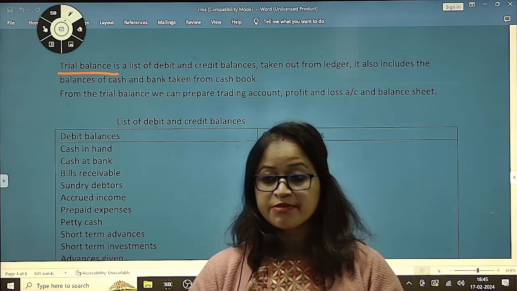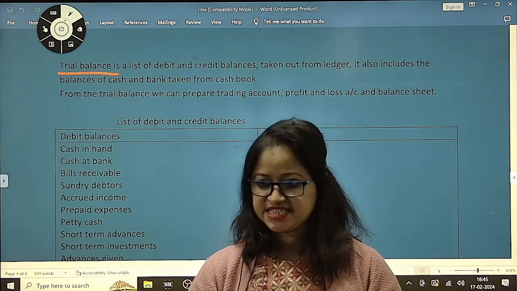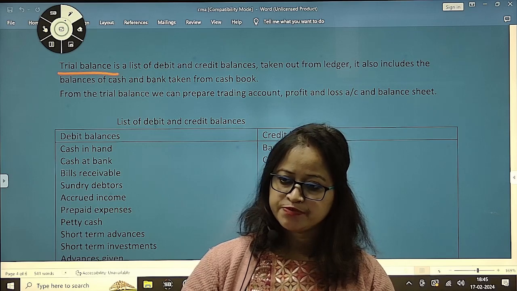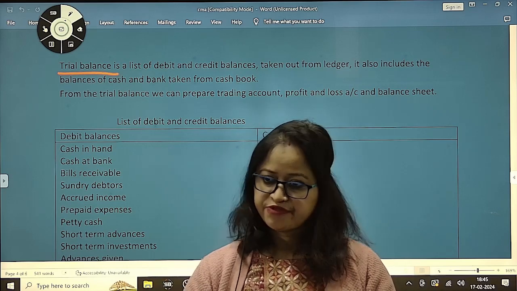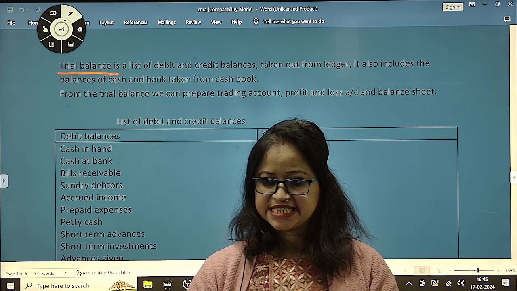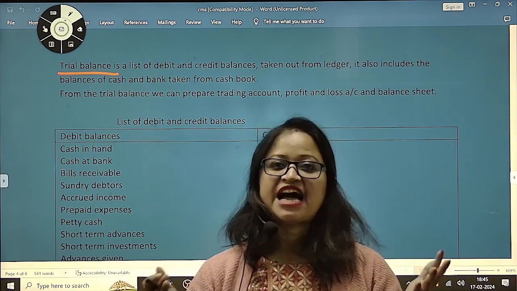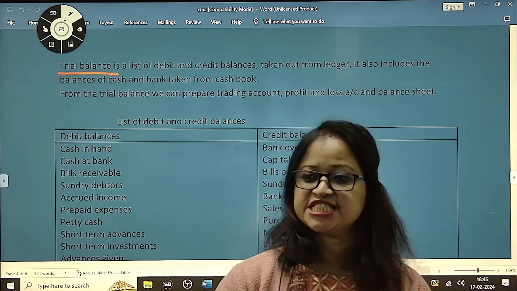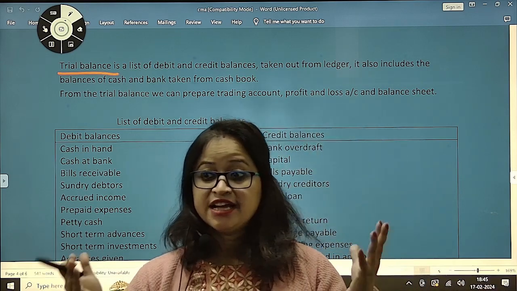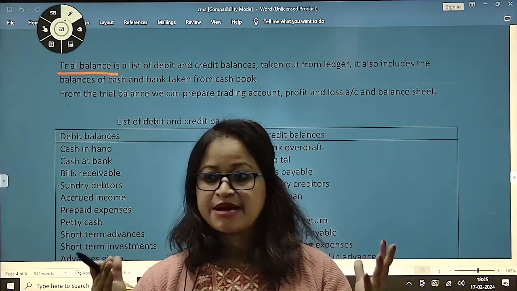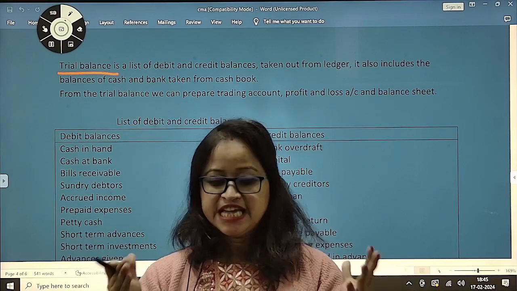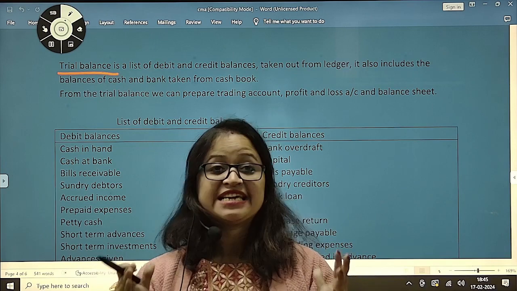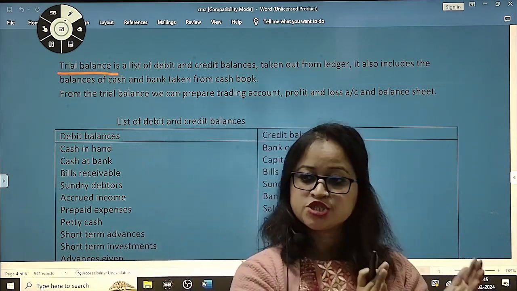So from the ledger we get various balances. It may be a debit balance, it may be a credit balance. As I have told you, every transaction has two effects, debit and credit. Whenever in the question paper or in the book you get a trial balance, debit has to equal credit.